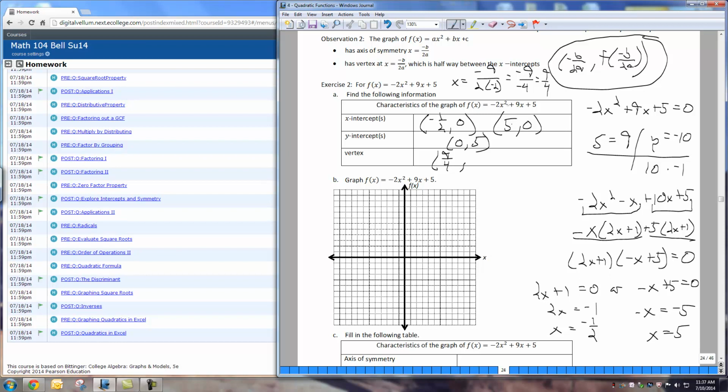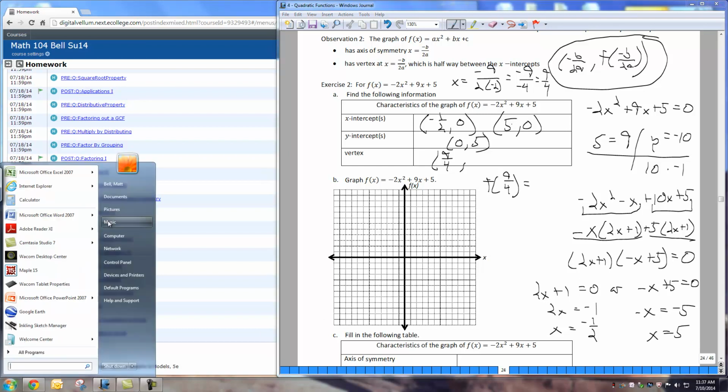And then I'm going to plug in 2.25 into this to get my y value. So f of 9/4 equals, that's where we use our calculator.